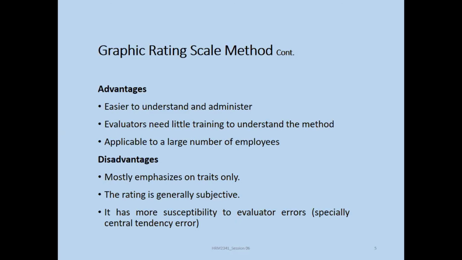It also has more susceptibility to evaluation errors, basically the central tendency. When we consider the evaluator's perspective, there are 5 options. Here, a technical term: central tendency. I think you already have some idea about central tendency.